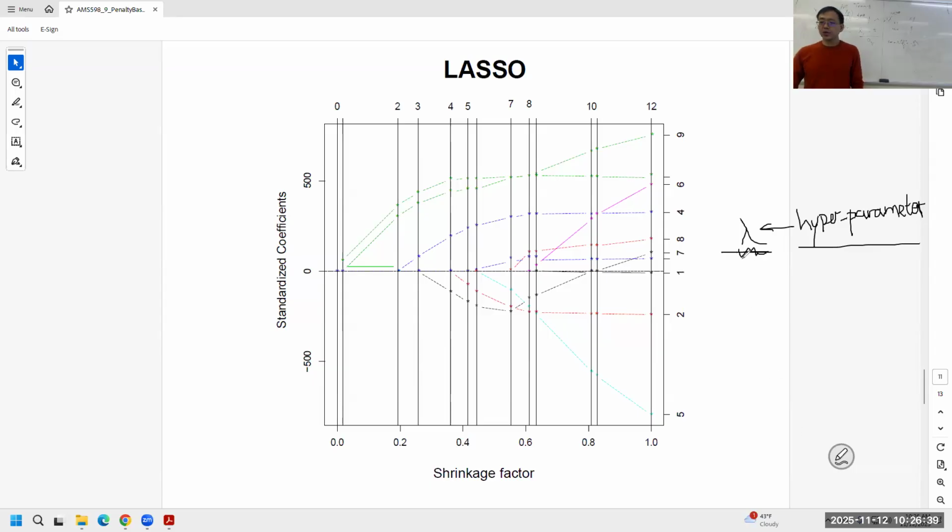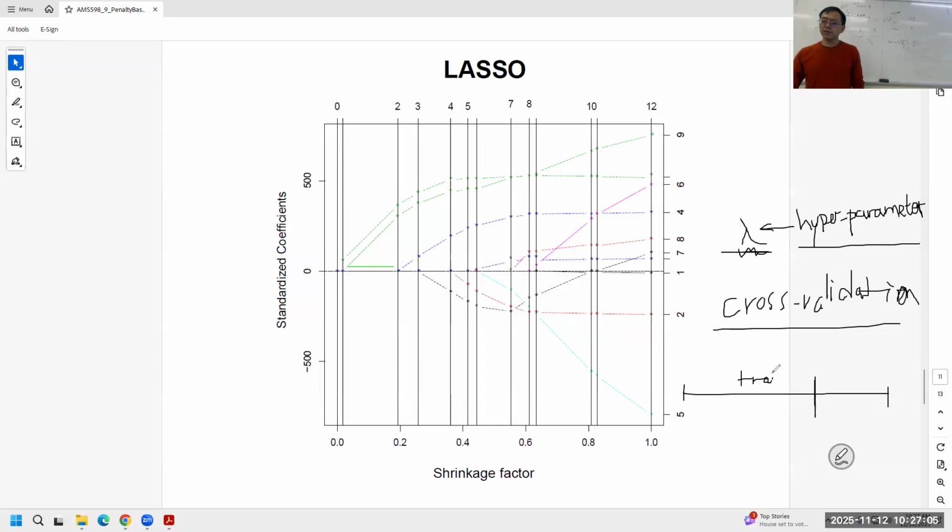The usual way to select lambda is a method people call cross validation. That's another topic, but briefly, you can split your training data further into a training set and a validation set.